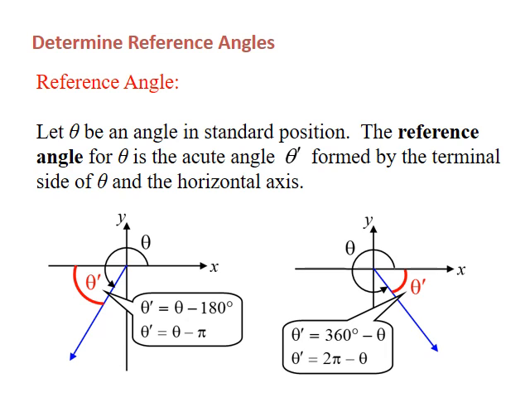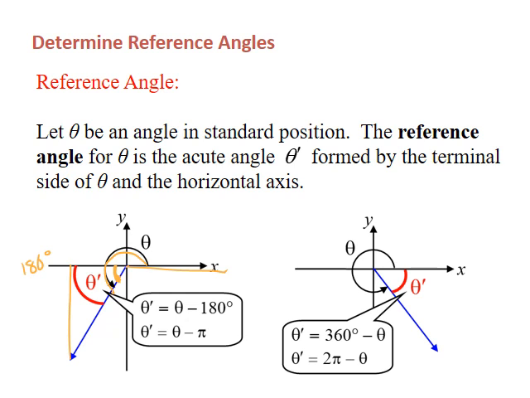Here are a couple more examples. If this is the initial side, this is theta, I drop a perpendicular, so this angle here is my reference angle, theta prime. This angle measure can be found by taking 180 degrees.